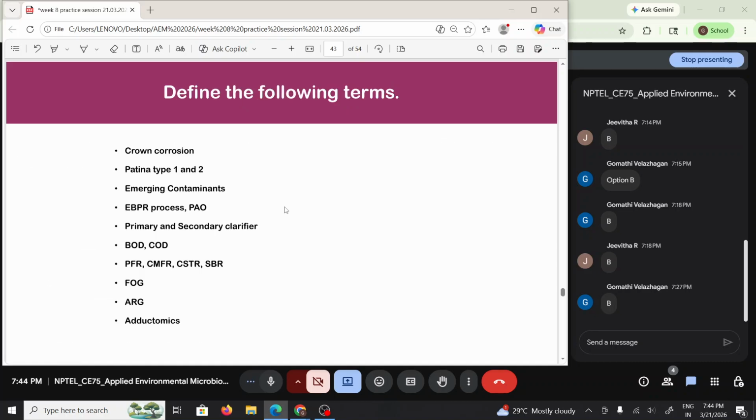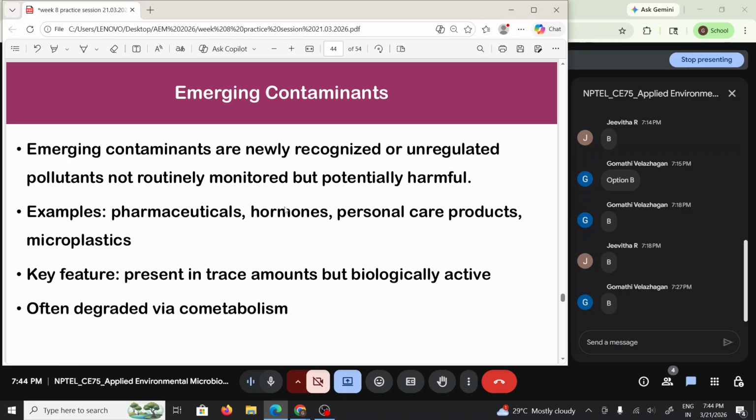The next term is emerging contaminants. Emerging contaminants are also pollutants, but they have been identified as pollutants very recently, like microplastics or PFAS. You know that they cause serious harm, but they are newly recognized, and as a result we don't have regulations to control them.